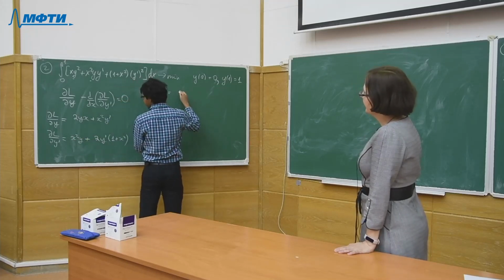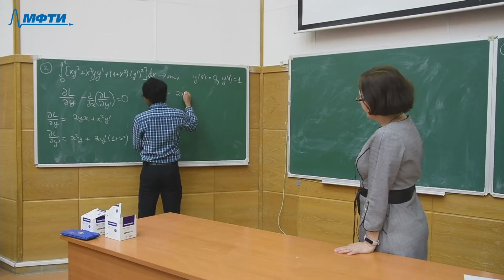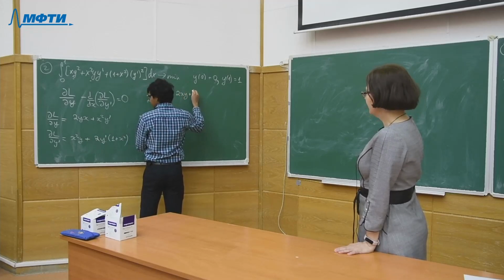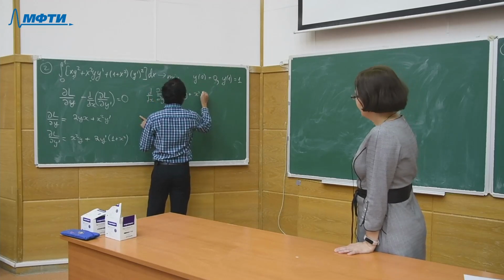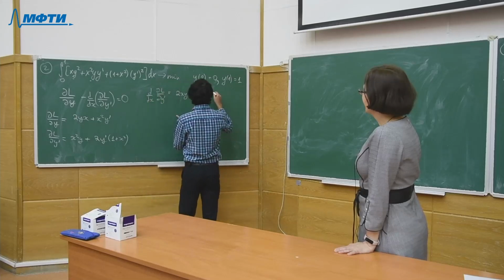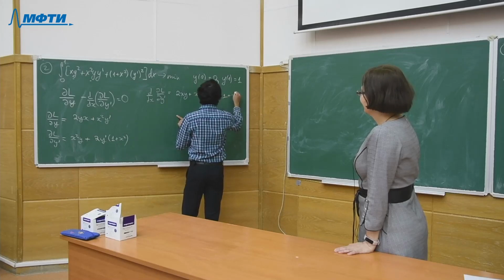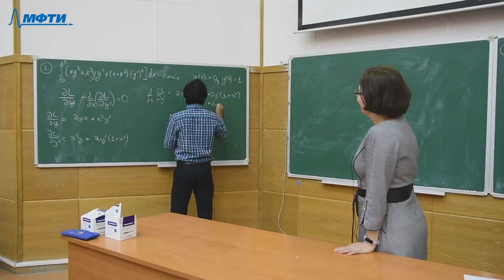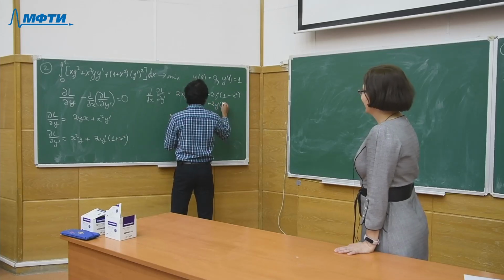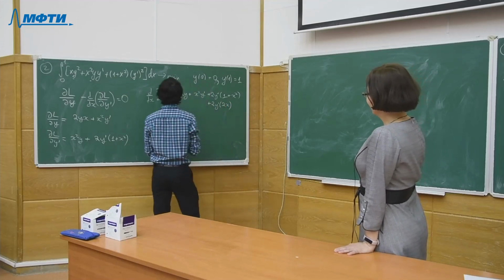So it will be 2x y plus x squared y prime, plus 2y prime times 1 plus x squared, plus 2y prime times 2x.